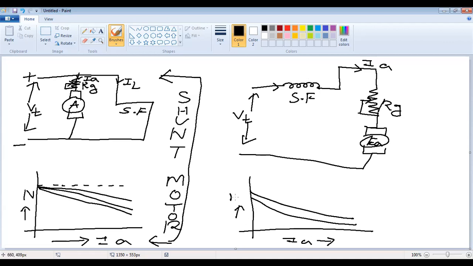As the current increases, the speed will decrease. That is for RG equal to 0, that is for RG equal to 1, and that is for RG equal to 2, and it goes on. This is the series motor.